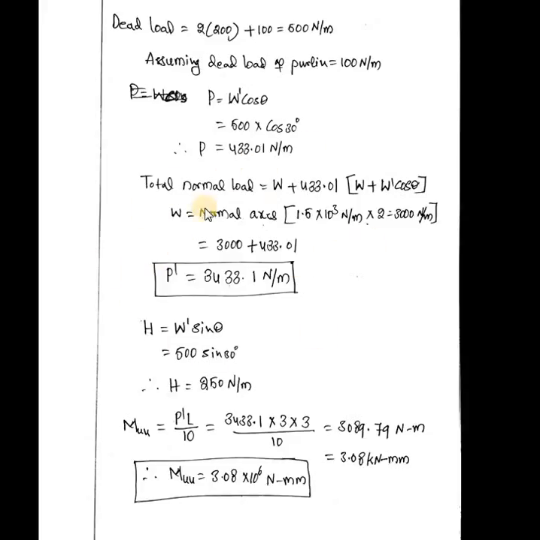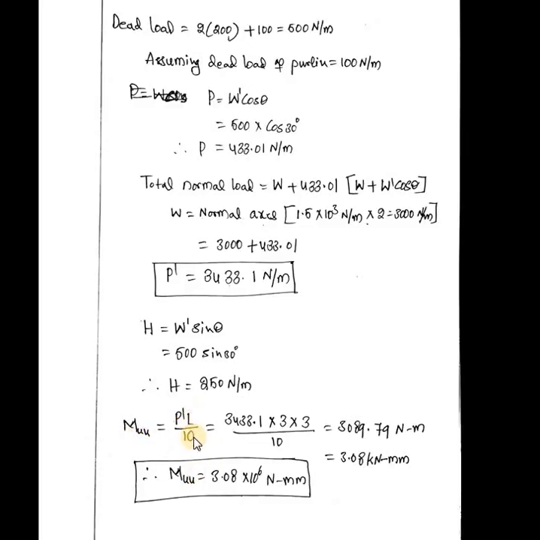After calculating the load, next we have to calculate the maximum moment. Because of that inclination, we have to calculate along the UU axis as well as along the VV axis. In the previous class we discussed, MUU is equal to P dash L by 10, and MVV is equal to H L by 10.